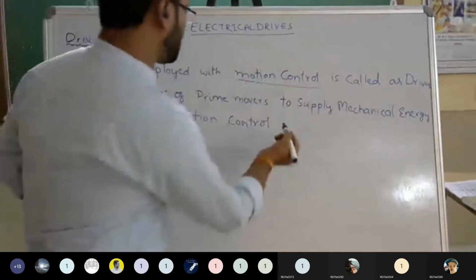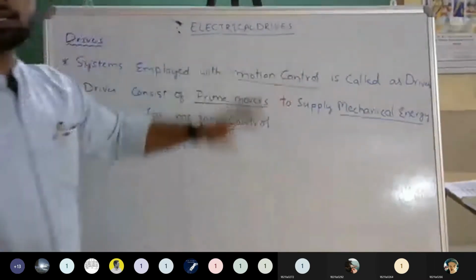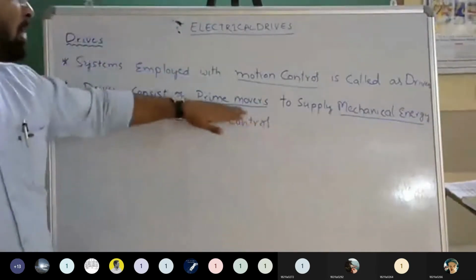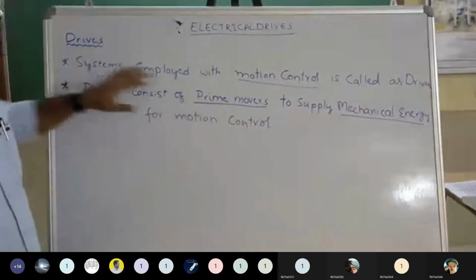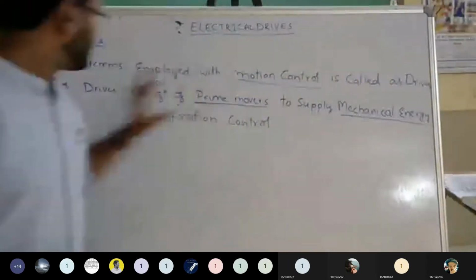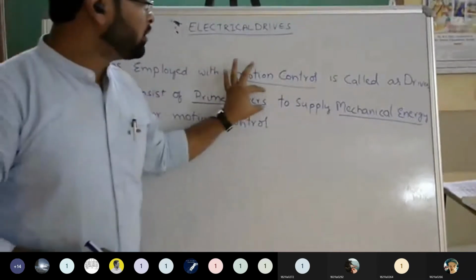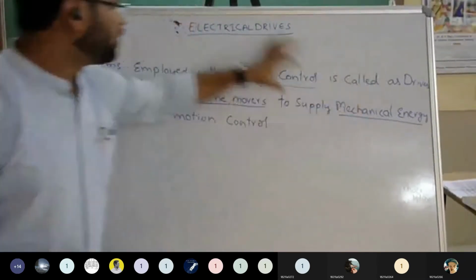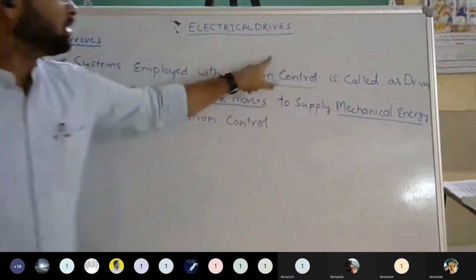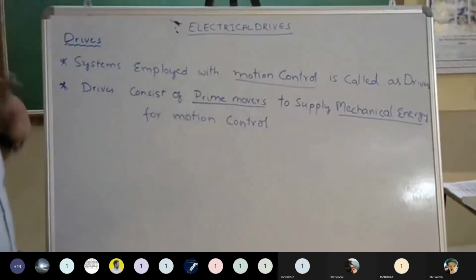So if we have to do motion control, we want some mechanical energy, and that mechanical energy is supplied by the prime movers. That's why the systems employed with motion control, called drives, consist of prime movers which will provide the mechanical energy for motion control.